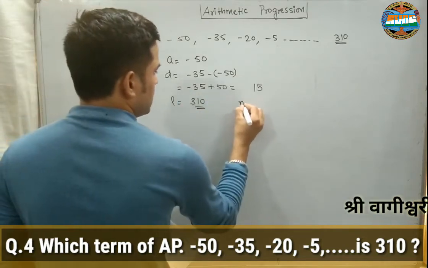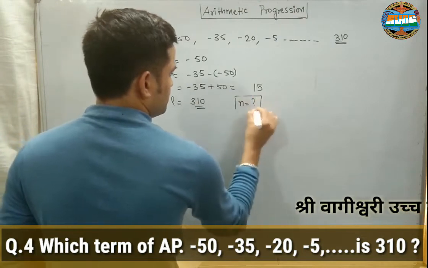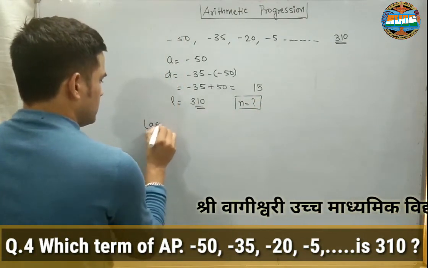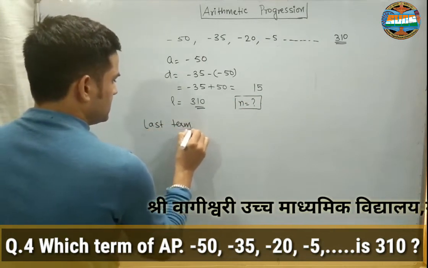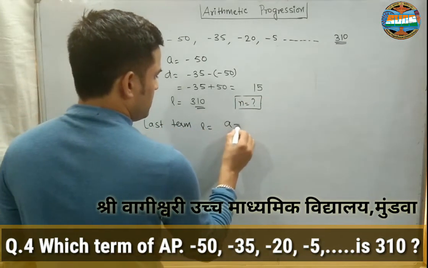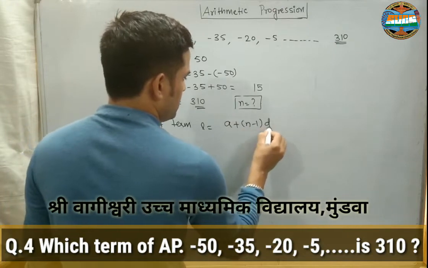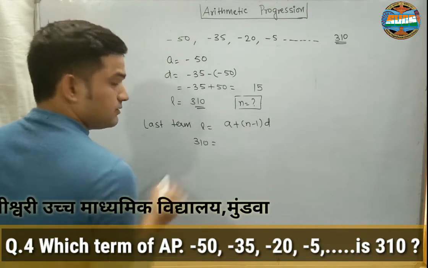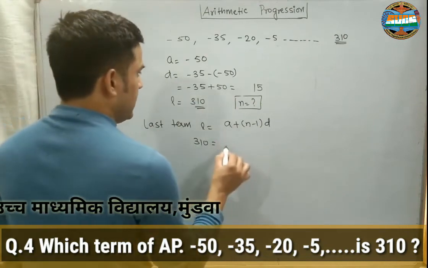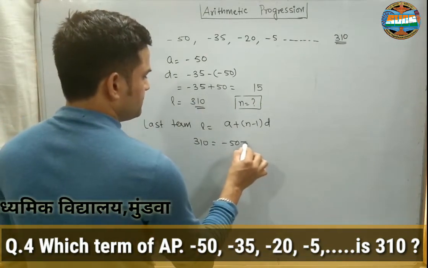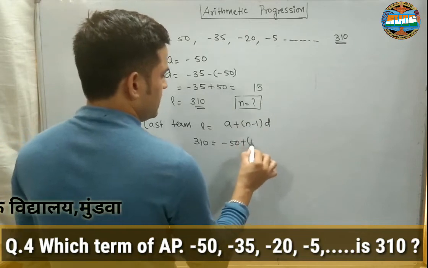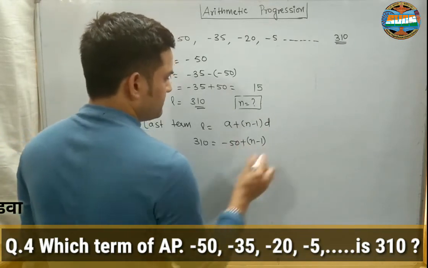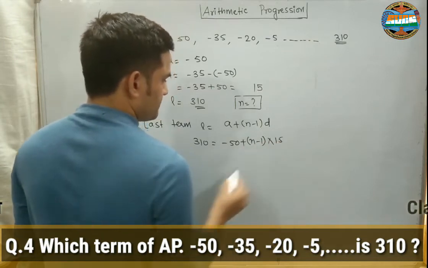Then we find the nth term. According to the last term formula, L is A plus (n minus 1) multiplied by D. L is given as 310, A is minus 50, n is not given so we do not substitute any value for n, and D is 15.